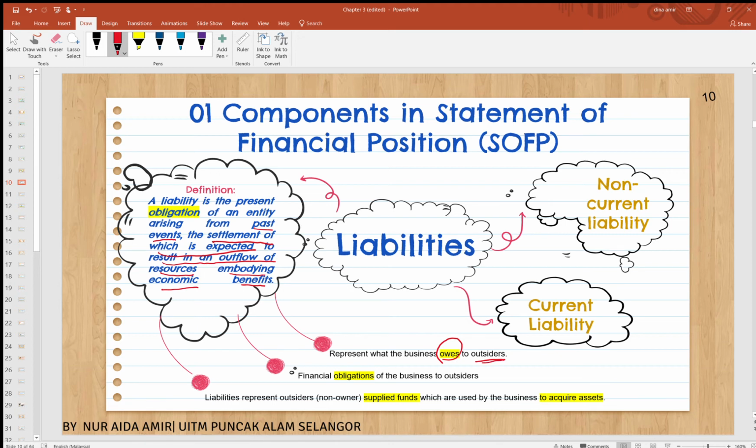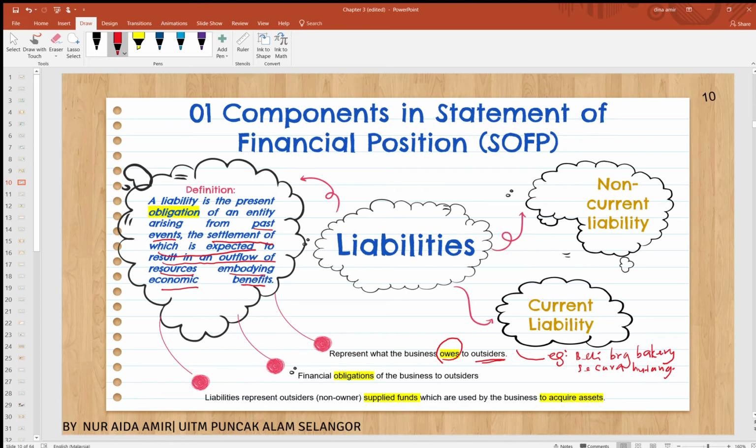For example lah, contoh you beli barang bakery. Okay, you beli barang bakery secara hutang. Sebab banyak sangat you beli dekat kedai bakery tu.